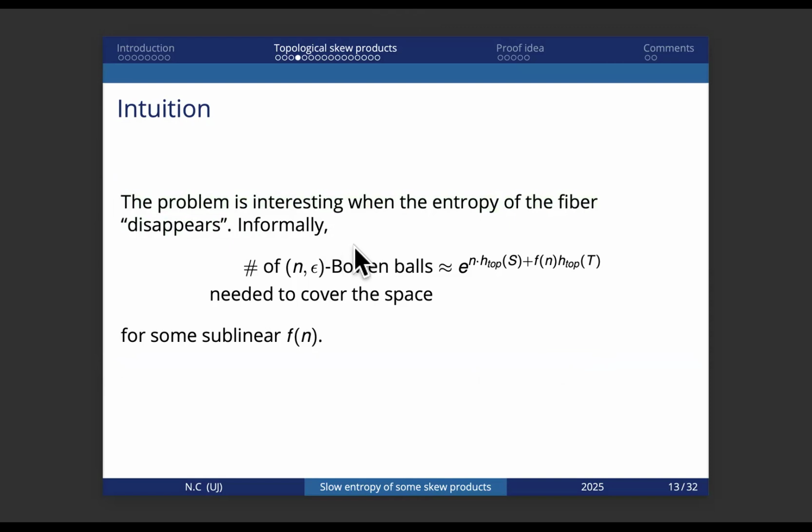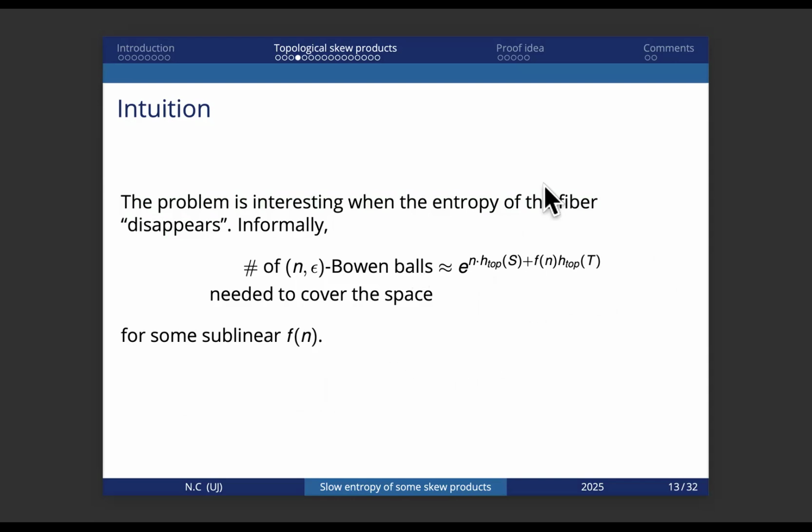Informally, one can write this as saying that if we count how many n epsilon Bowen balls we need to cover the space, this can be written as approximately the exponential of n times the entropy of S plus a contribution that depends on the entropy of T. And the fact that T does not contribute to the entropy of the whole system means that this function f is sublinear.